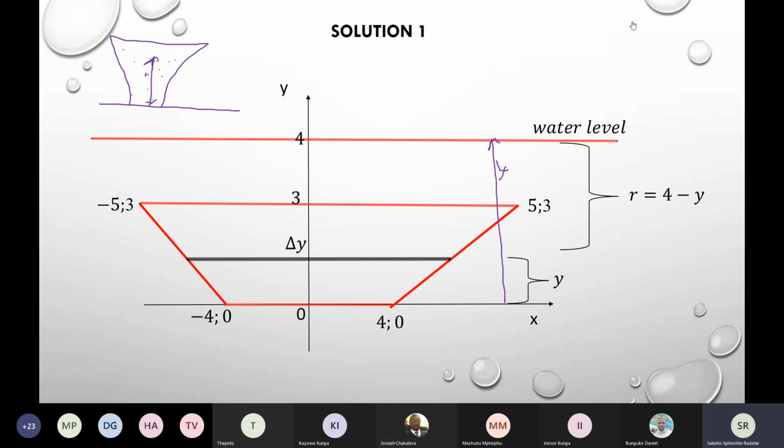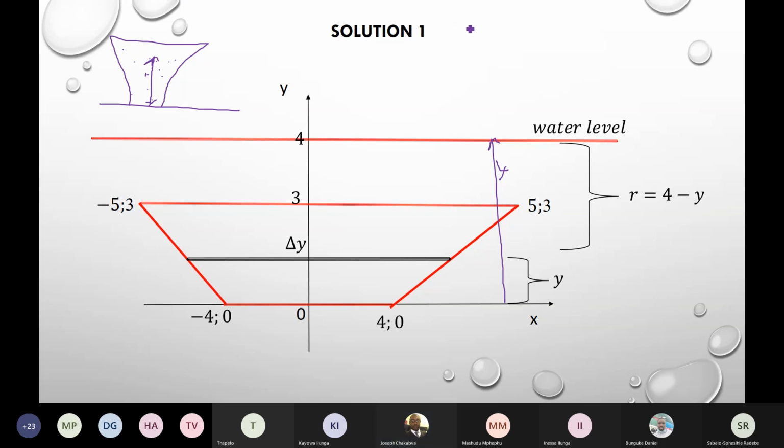Can you explain the r is equals to 4 minus y and the y? Okay, thanks so much, Sabelo. Basically, Sabelo is asking me to explain the r is equals to 4 minus y and the y. Before I explain, I was going to go back to the first slide, but let me just try and explain it here.